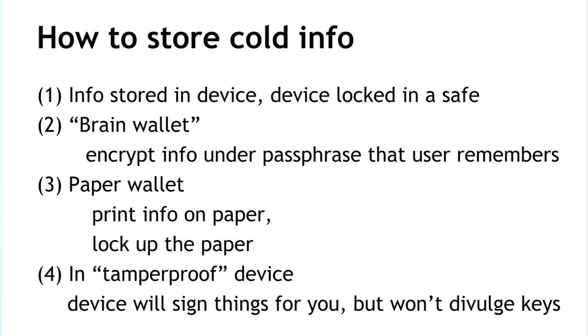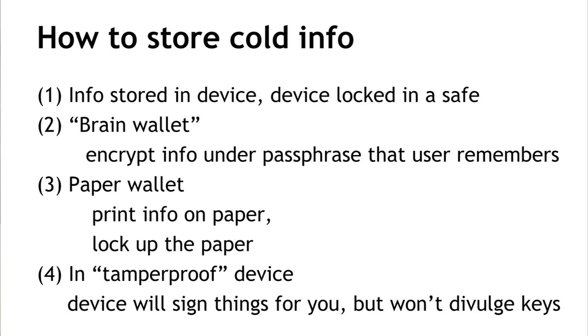It might be a laptop computer, it might be a mobile phone or tablet, or it might just be a thumb drive. But whatever it is, we store the information on that device, we turn the device off, we lock the device up. And now, obviously, if somebody wants to steal this, they have to get into our locked storage and get that device away from us.